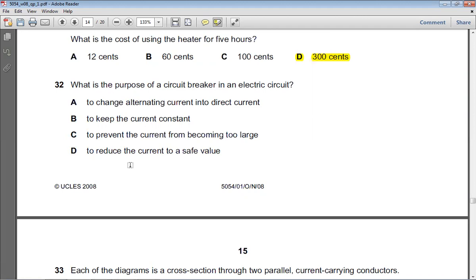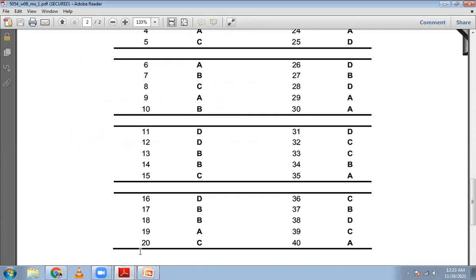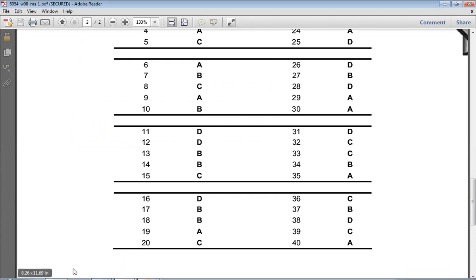To keep the current constant, that is also wrong. To prevent the current from becoming too large, that is true. If the current becomes larger than the rating, the breaker will trip. So I think C is the right option, sir. 32, C is the right option.